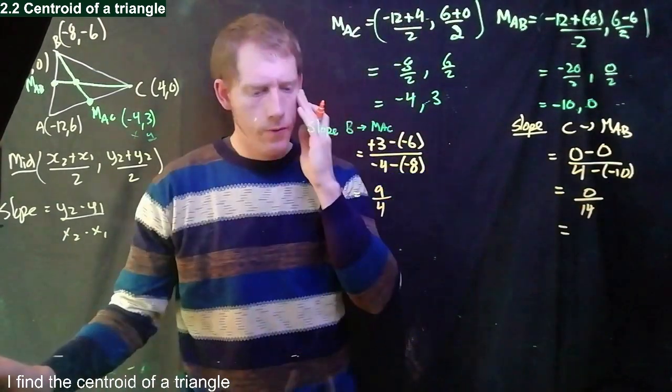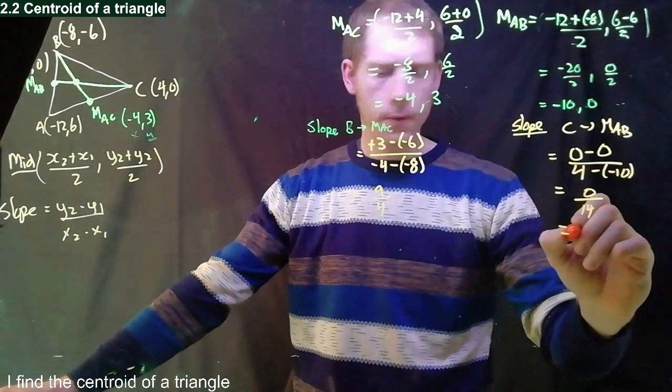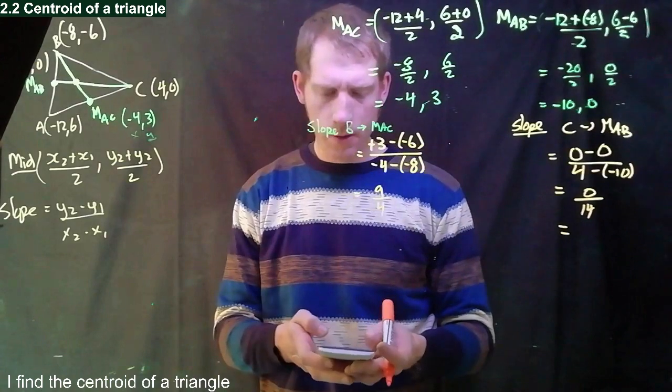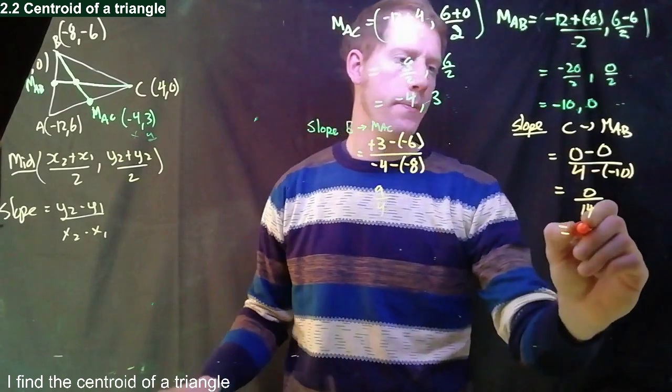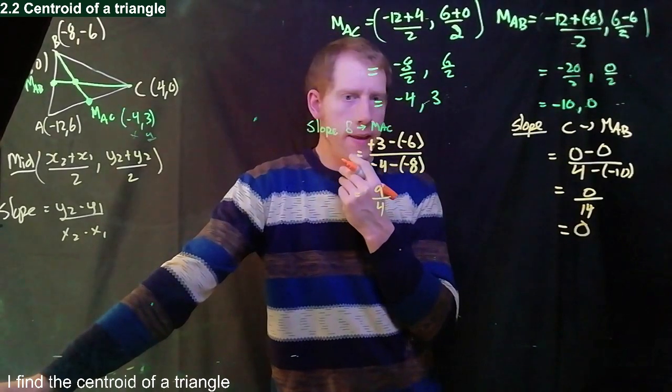And 0 divided by 14 is equal to 0. That's the slope for that line there.